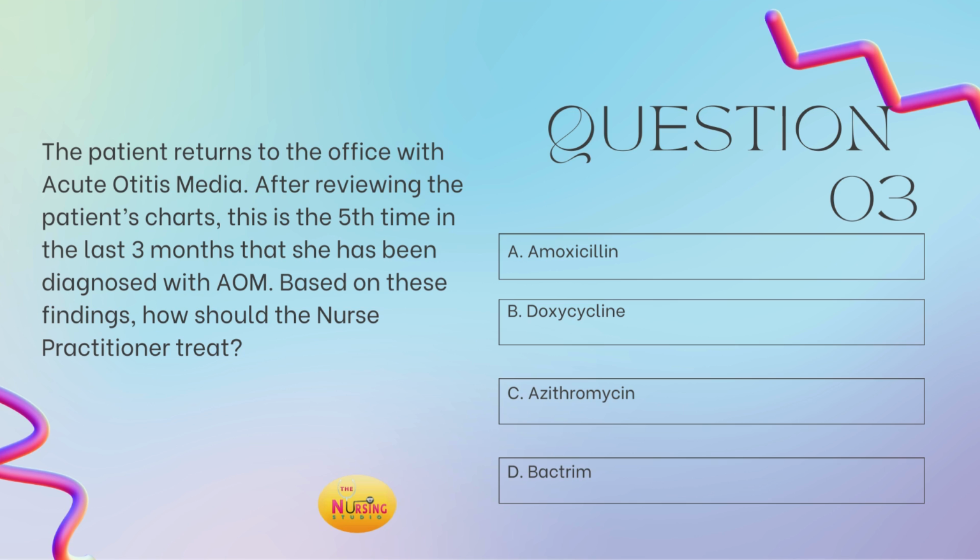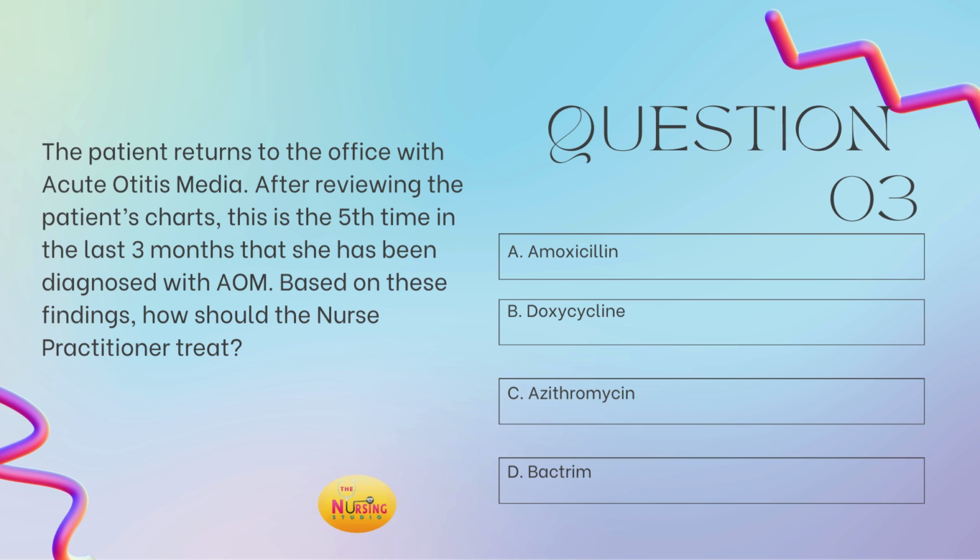So in this scenario, because it is a persistent case, you will go with azithromycin. But anything after that, you are referring to ENT, for them to evaluate, manage, and treat, right? So make sure you know those steps.